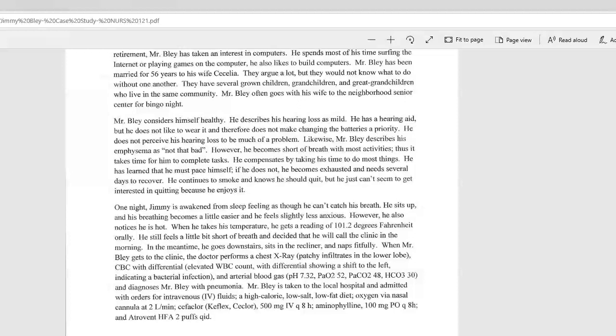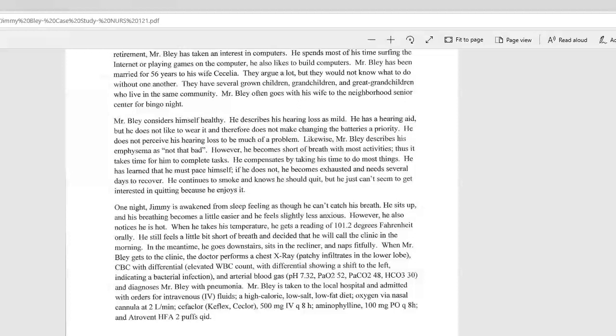He's taken to the local hospital and admitted with orders for intravenous fluid, a high-calorie, low-salt, low-fat diet, oxygen via nasal cannula, 2 liters, and he's on cefaclor, 500 milligrams IV every 8 hours, and aminophylline, 100 milligrams PO every 8 hours, and Atrovent HFA 2 puffs QID.